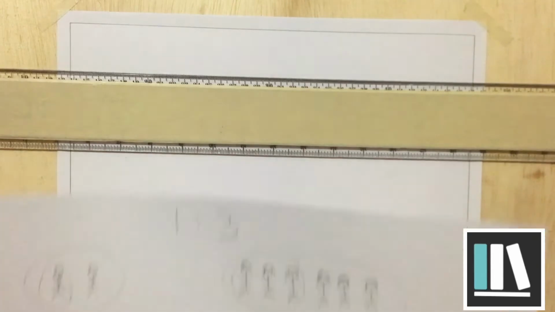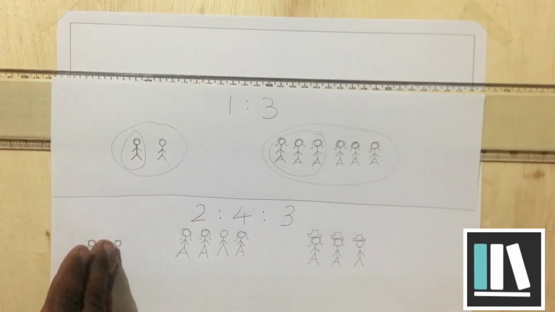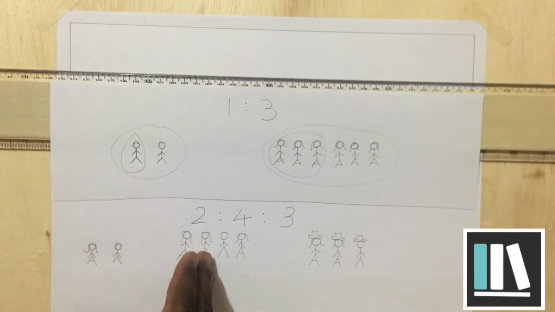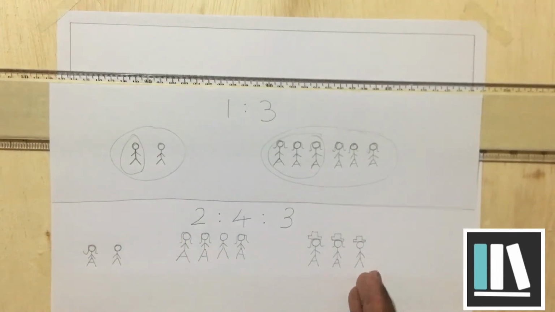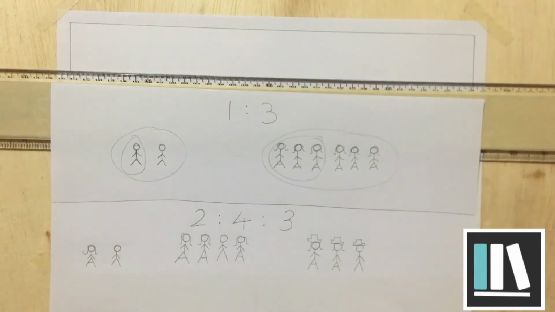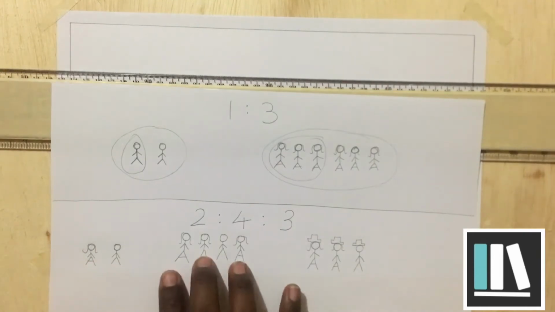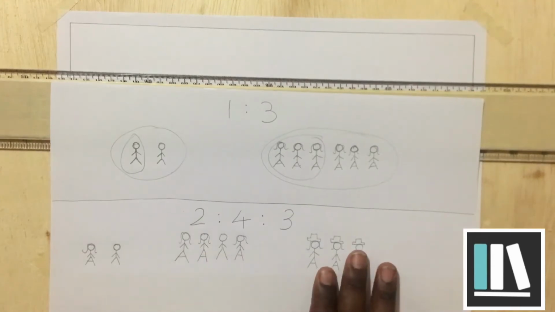Let's use another example. The ratio of students to parents to teachers: 2 to 4 to 3. For every 2 children that are present, there are 4 parents and 3 teachers.